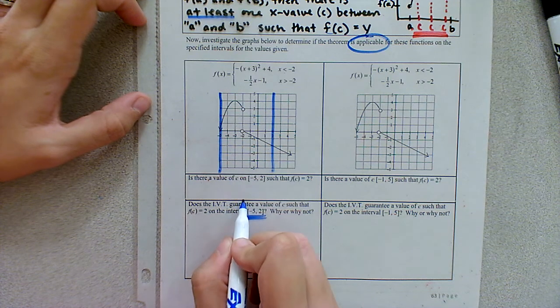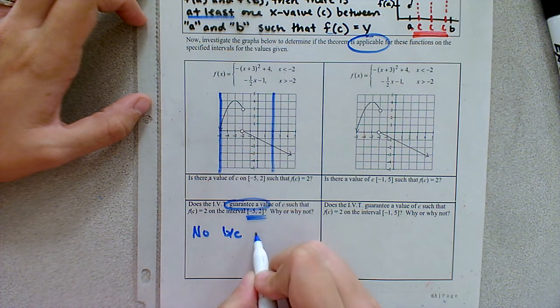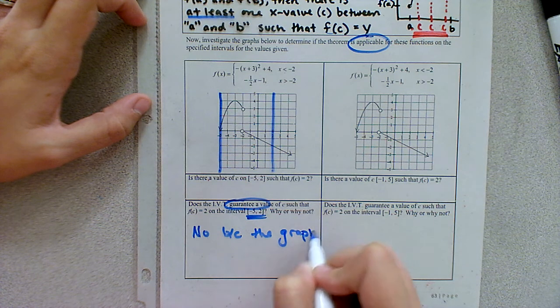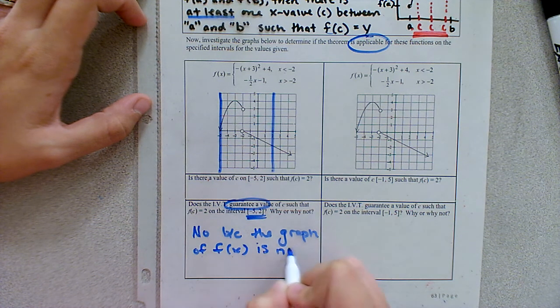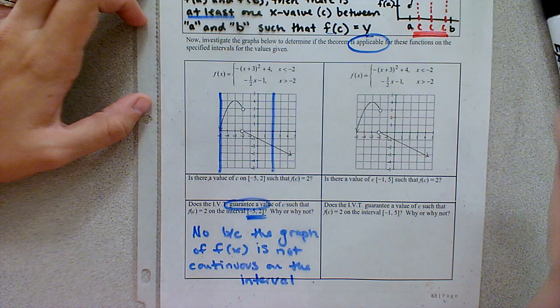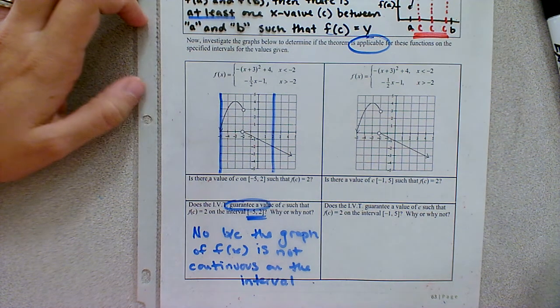So does the intermediate value theorem guarantee a value? We'll say no, because the graph of f of x is not continuous on the interval.